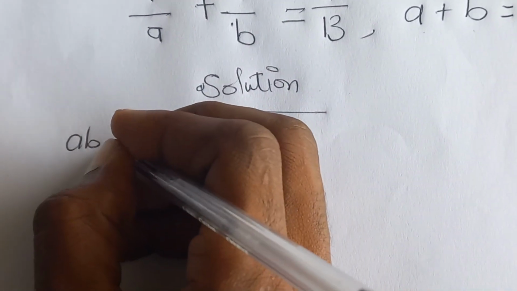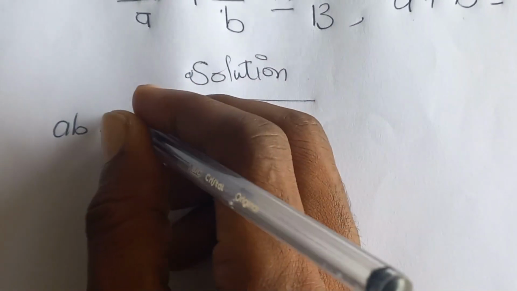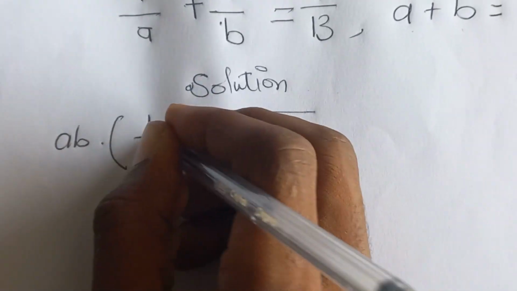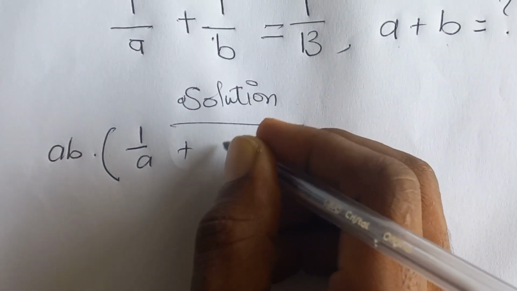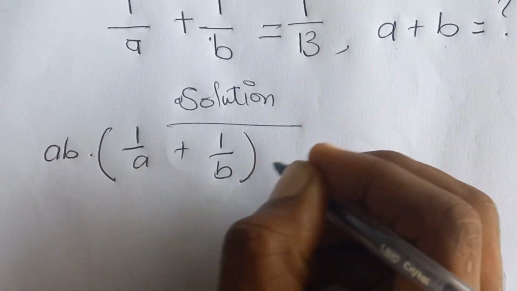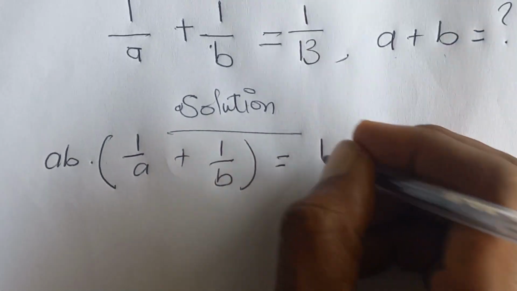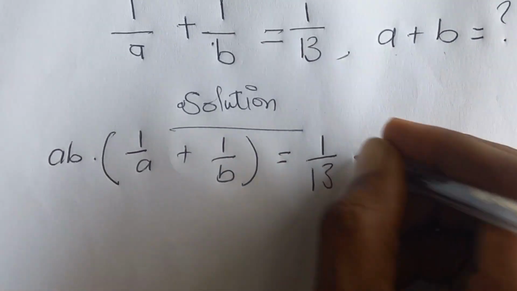Multiplying AB by 1/A plus 1/B is equal to 1/13 multiplied by AB.